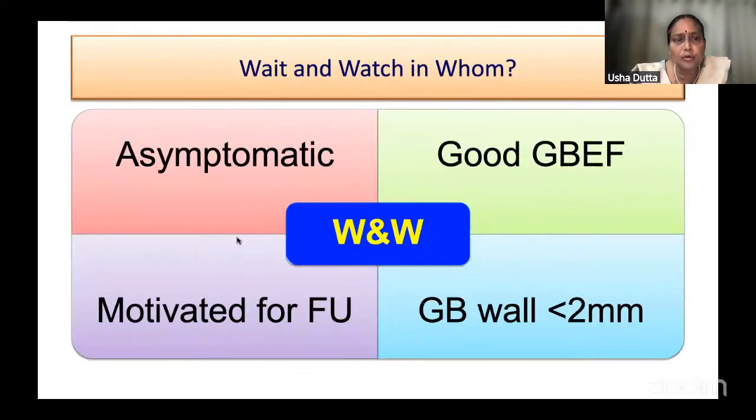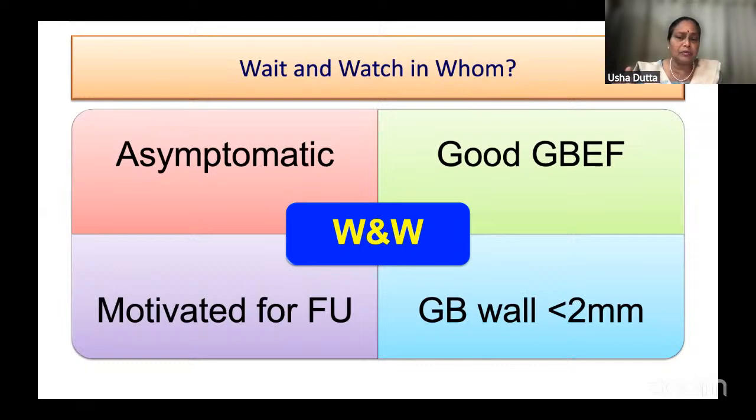Wait and watch in whom? If the person is asymptomatic, has a good ejection fraction, is motivated for follow-up, belongs to a good socioeconomic status, and educationally you can contact them, and they have a gallbladder wall which is less than 2 mm. The traditional teaching has been 3 mm, but we find that normal gallbladders are usually 2 mm.